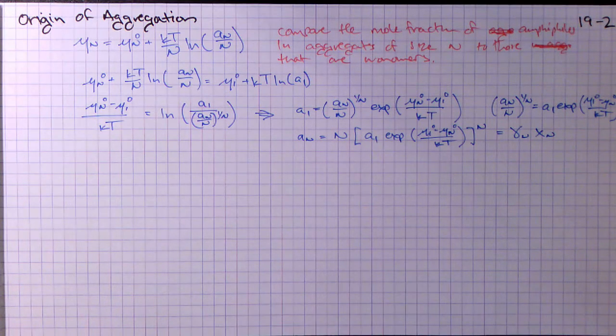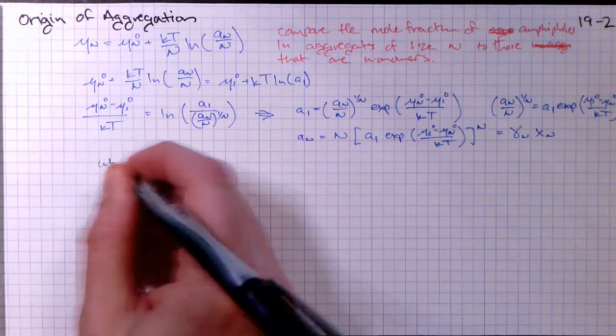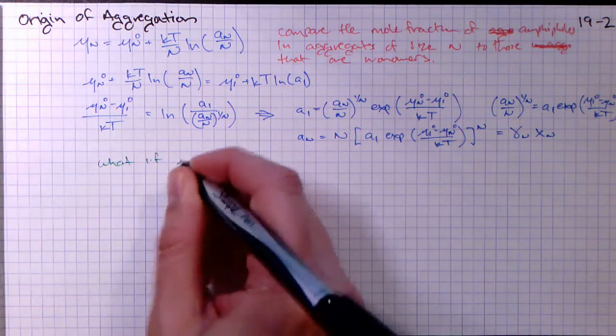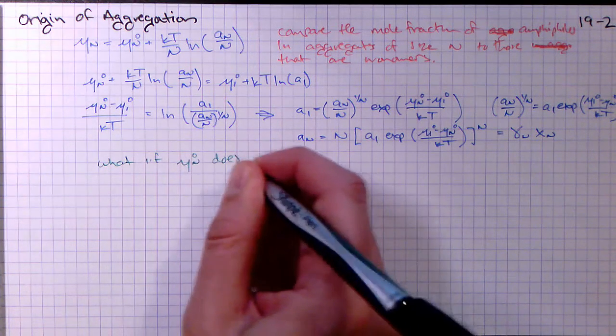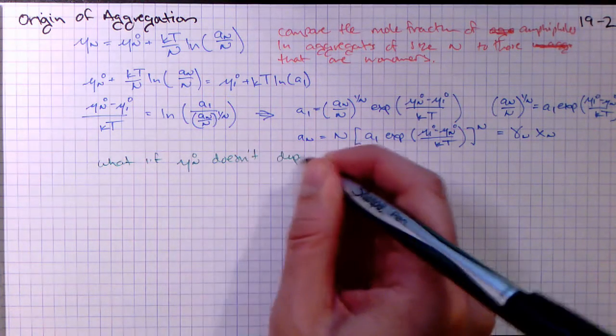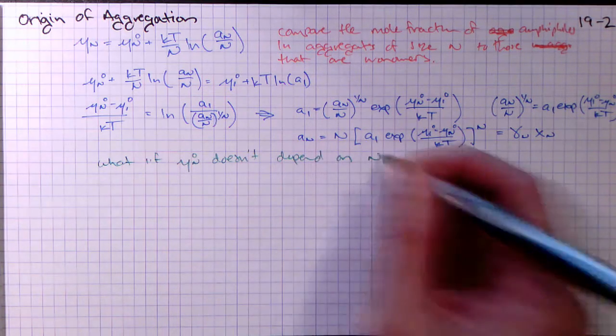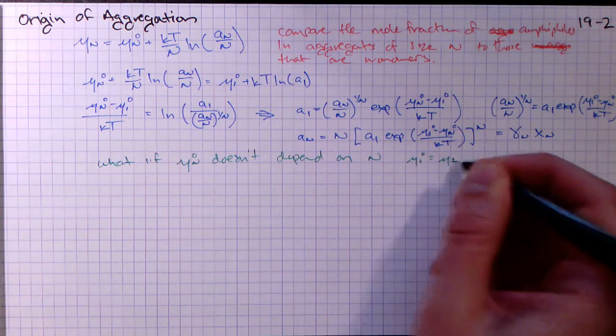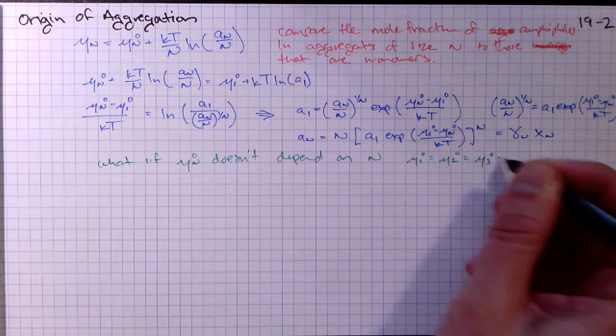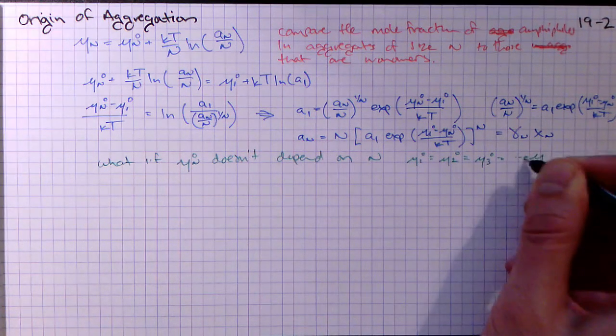So let's first ask the question, what happens if it doesn't? What if mu n0 doesn't depend on n? So what if mu 10 is equal to mu 20 is equal to mu 30 is equal to mu n0?